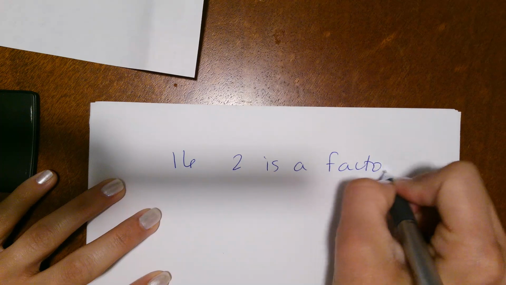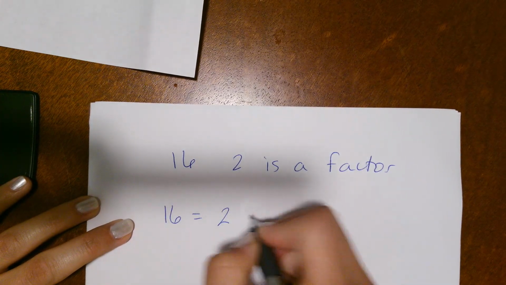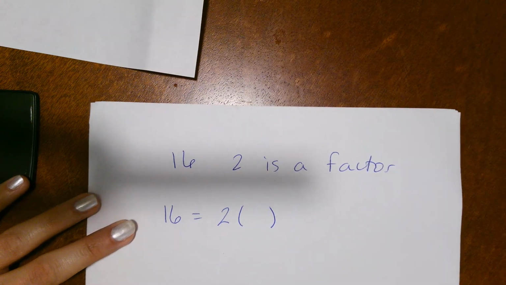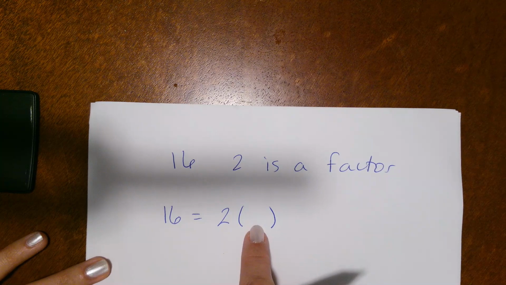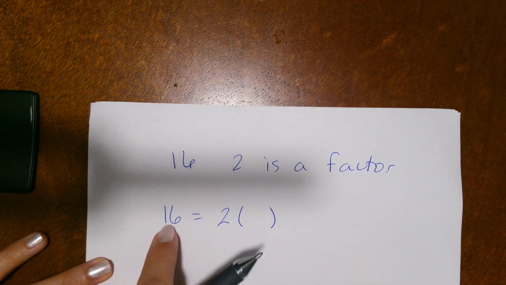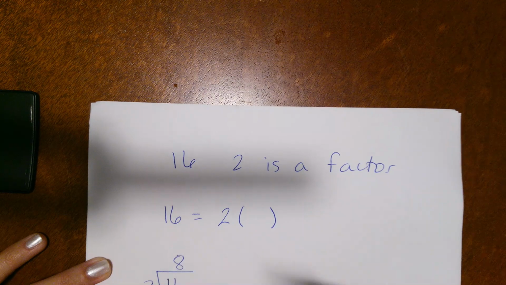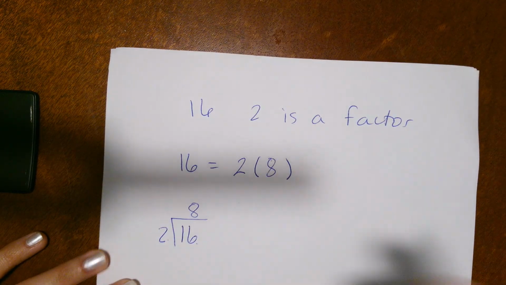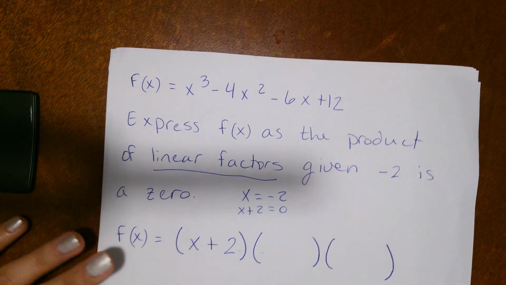So that means that I can rewrite 16 as 2 times some other number. Since you know your multiplication tables, you probably know that that missing number is 8. But another way that we could find it is by dividing 16 by 2. 2 goes into 16, we know that 8 times, so hence we found that missing factor. We do the same exact thing with polynomials.